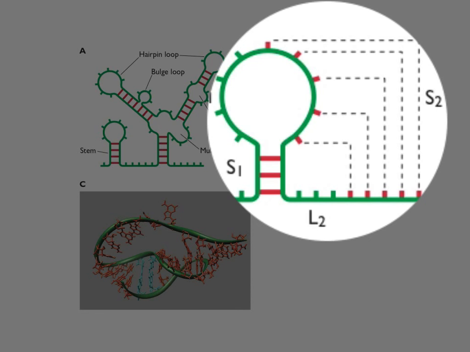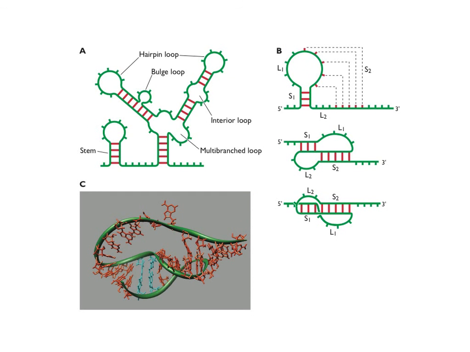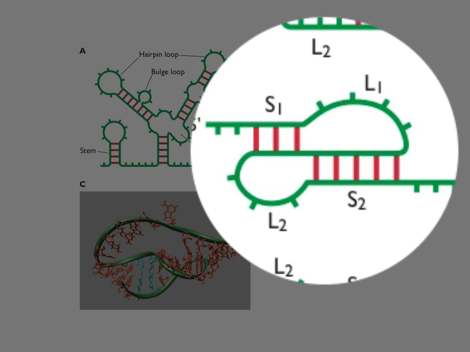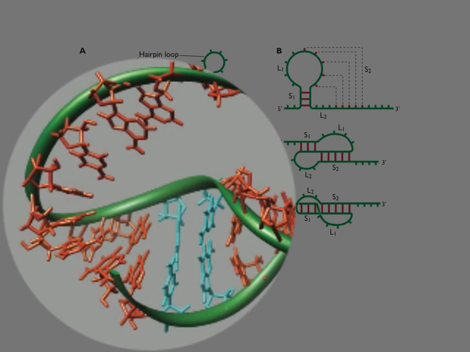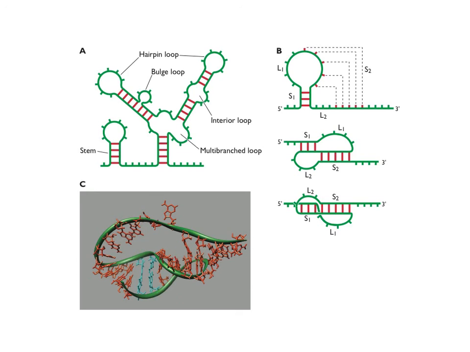So this is base pairing with this linear portion of the RNA. What it does is form something like this. It's really two adjacent stems, if you will, and it forms this structure shown in panel C. So that's a pseudoknot. It looks like a knot, but it's not actually. The RNA doesn't actually go within a loop, but it does look like one. And these also have biological functions, as you'll see.